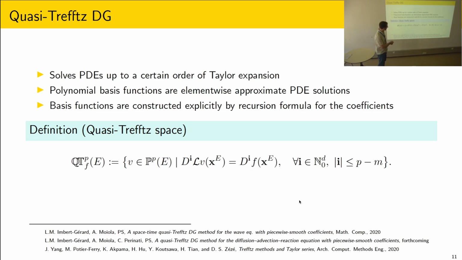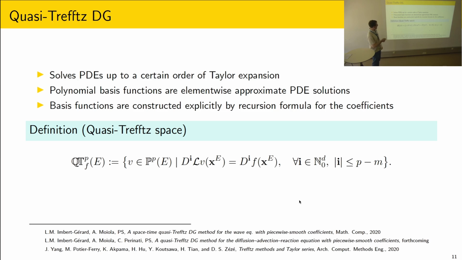So instead of satisfying the operator equal to a right-hand side 0 or f explicitly or exactly, we want to relax this condition by taking here the derivatives and then evaluating in the center of the element, meaning that the Taylor expansion of the operator applied to our function vanishes up to a certain degree. This condition actually allows us to find a recursive formula for the coefficient, so we can actually construct these basis functions, these polynomials that satisfy this set of equations, and this gives us a quasi-Trefftz basis.